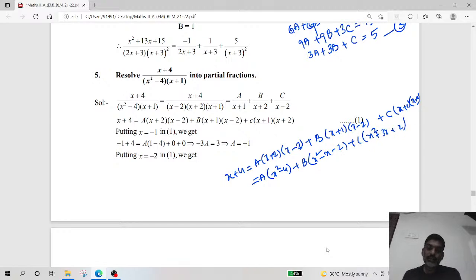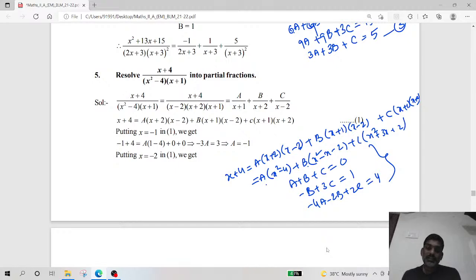Taking coefficients, the x squared coefficient is a plus b plus c, which equals 0. The x coefficient is minus b plus 3c, which equals 1. And the constants are minus 4a minus 2b plus 2c. We can solve these 3, or else place x equal to any value.